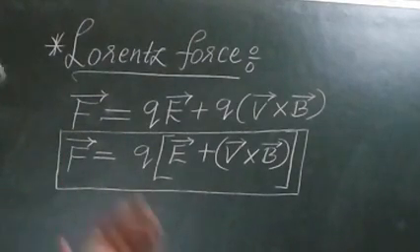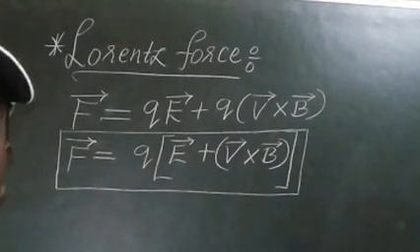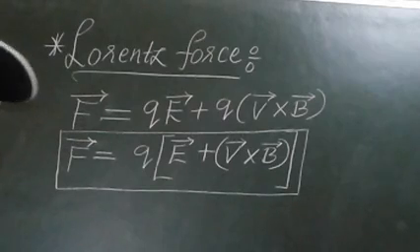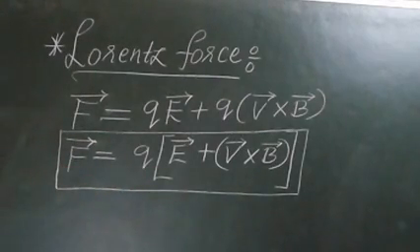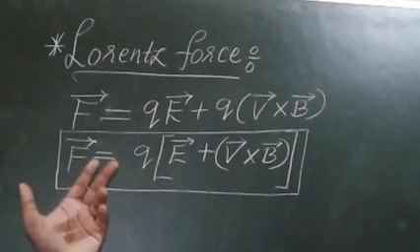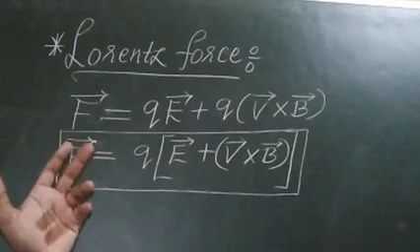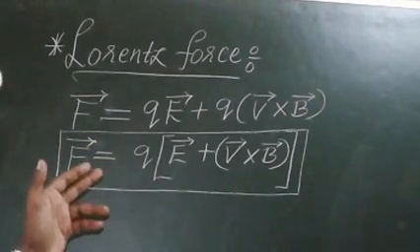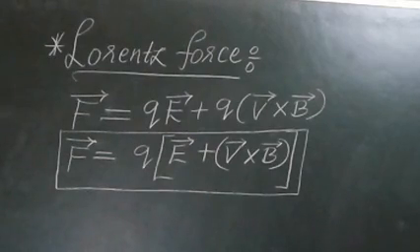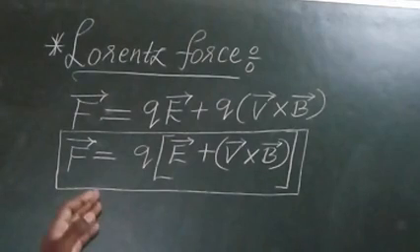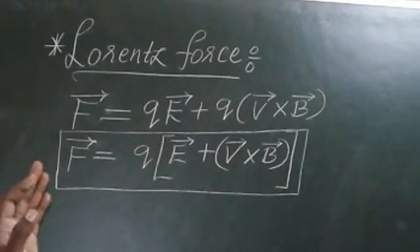So if the particle moves parallel or anti-parallel to the given magnetic field, then the force, the Lorentz force, becomes 0. Because when the particle moves parallel, the angle between V and B is theta equals 0 degree. V cross B is VB sin theta, and sin 0 degree equals 0. When the particle moves anti-parallel, the angle is 180 degree, and sin 180 is 0.